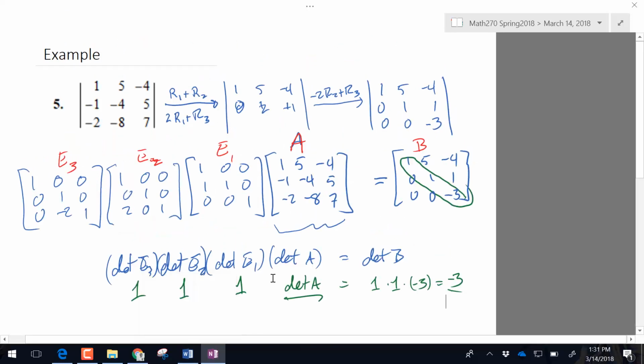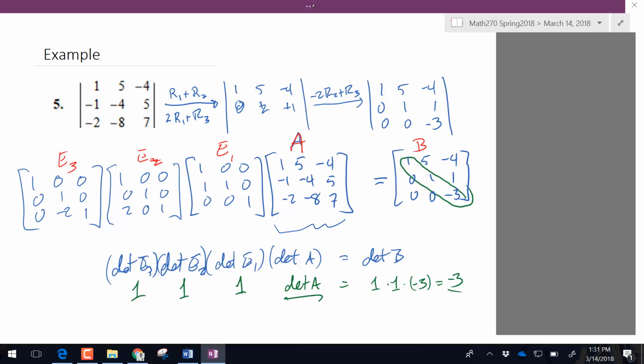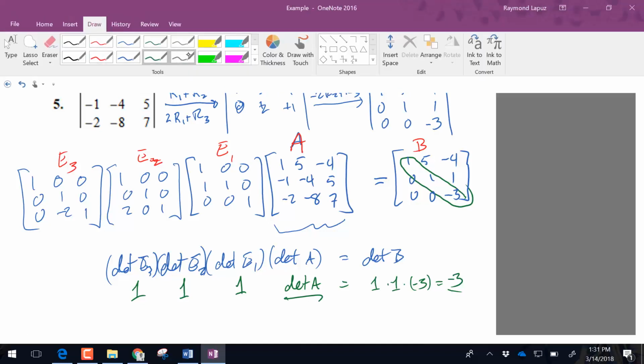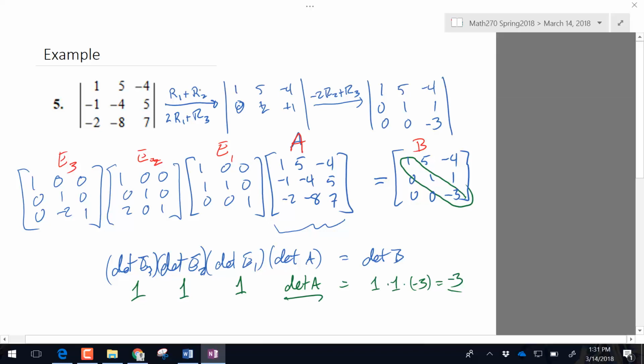Let's take this one. So pretend that you're doing that to your identity matrix, where you take row 2 and add it to row 3.